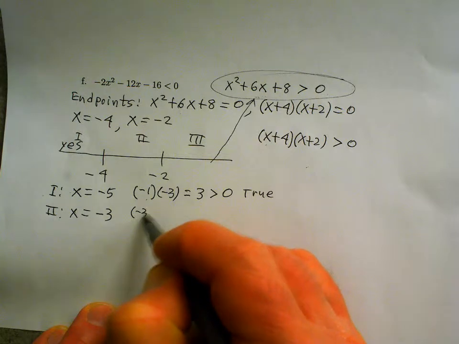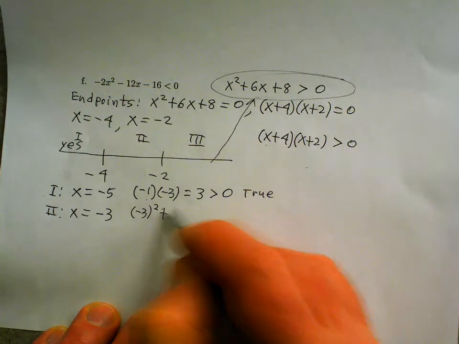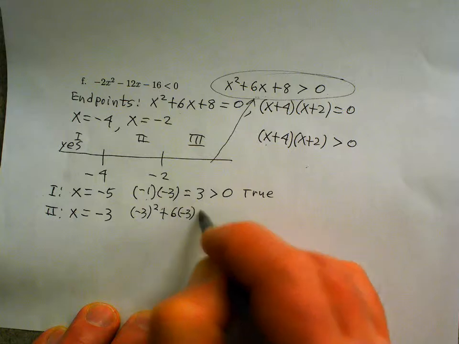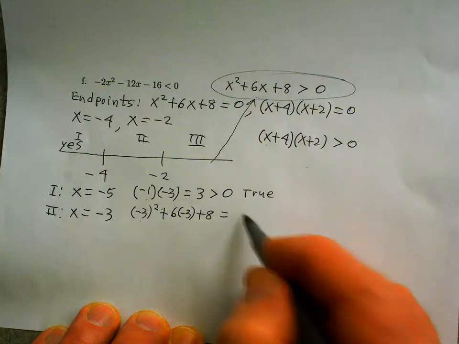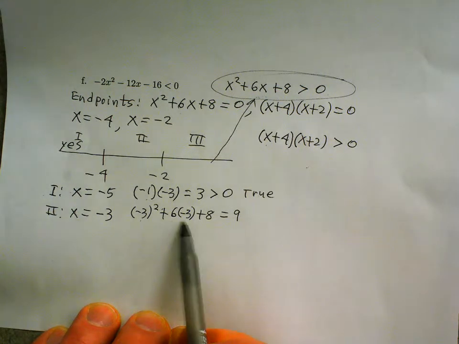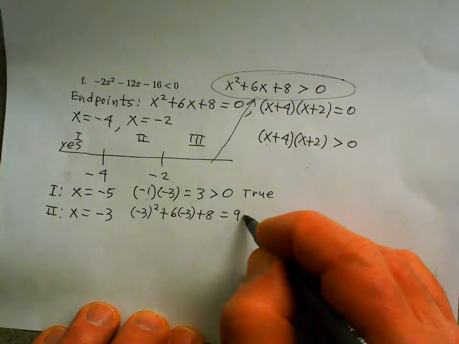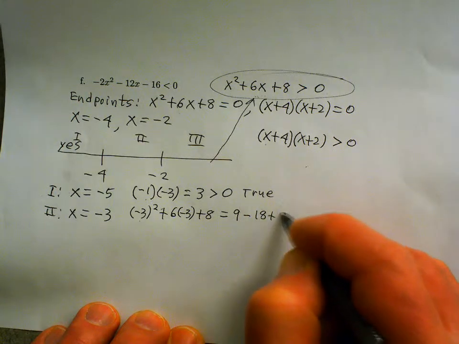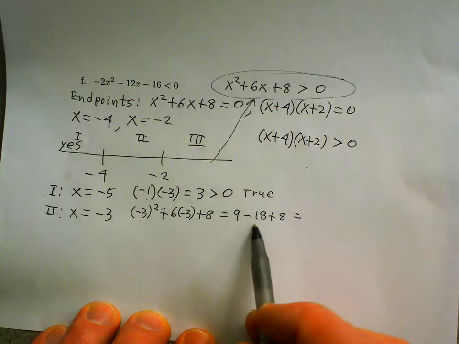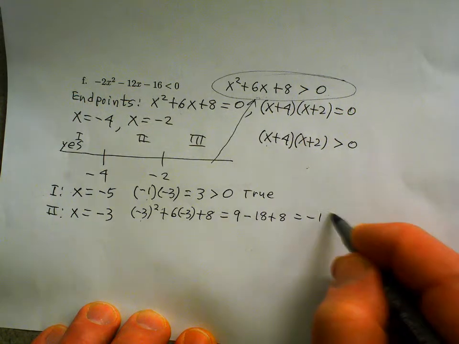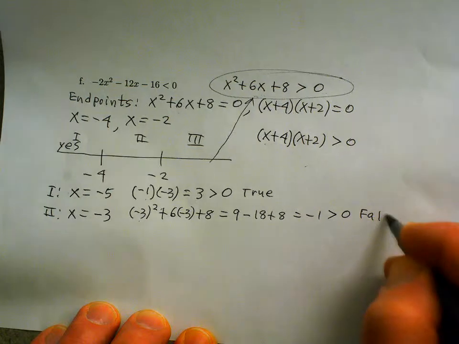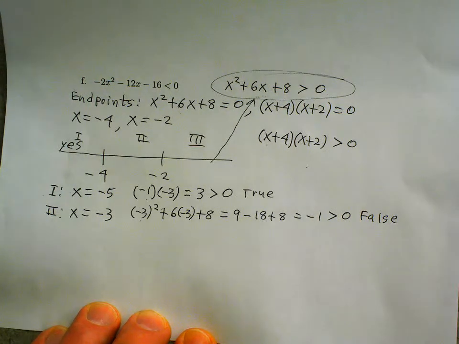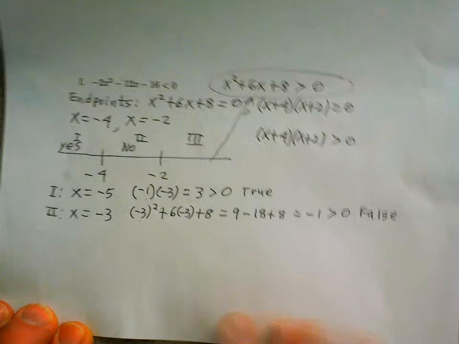So -3 squared plus 6 times -3 plus 8. -3 squared is 9. 6 times -3 is -18. So 9 minus 18 and then plus 8. -9 plus 8 is -1. But the inequality greater than 0, -1 greater than 0 is false. So none of the numbers between -4 and -2 are solutions.